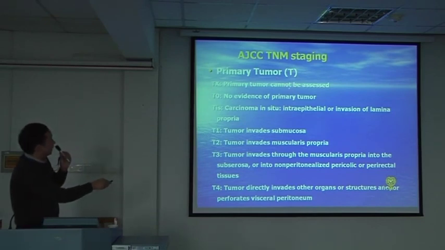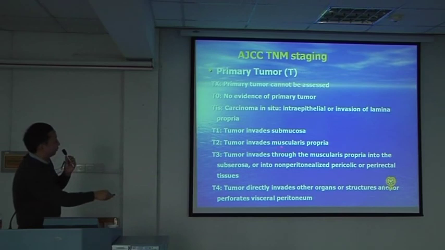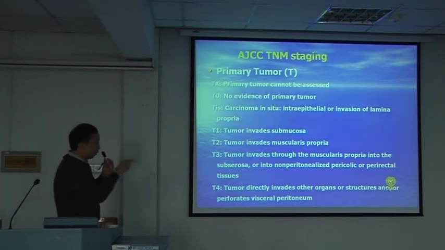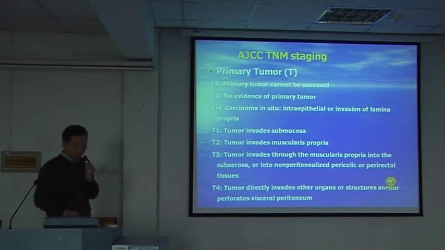So TX, cannot be assessed. T0, no evidence of primary tumor. T1, submucosa. T2, invaded muscularis propria. T3, goes through the muscularis propria into the subserosa. T4, invades other organs or goes through the serosa, outside the serosa.